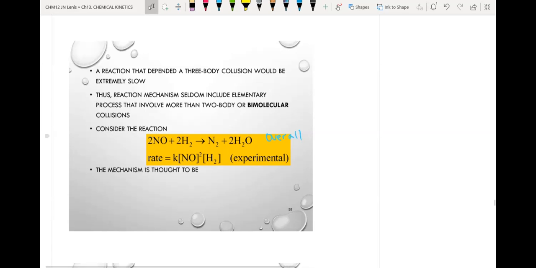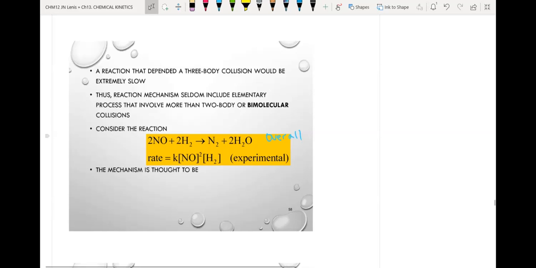It means that when you double the concentration of H2 in your reaction, the speed also doubles. The speed goes up by 2 times. If you double this concentration and the speed of the reaction doubles, that means it's first order.